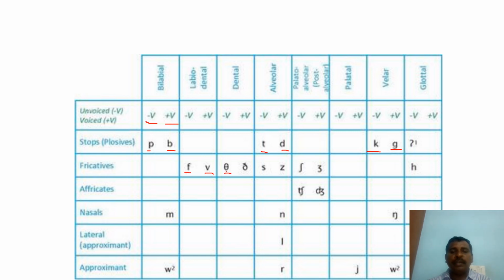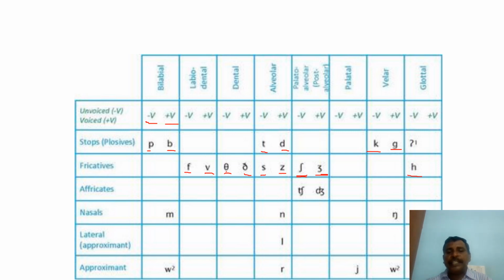Th, voiceless, th, voiced. S, which I used in the examples, s, voiceless, z, voiced. Sh, voiceless, zh, voiced. The place and manner of articulation are the same, but the vocal cords alone vibrate, and that makes the difference. H is a voiceless sound.